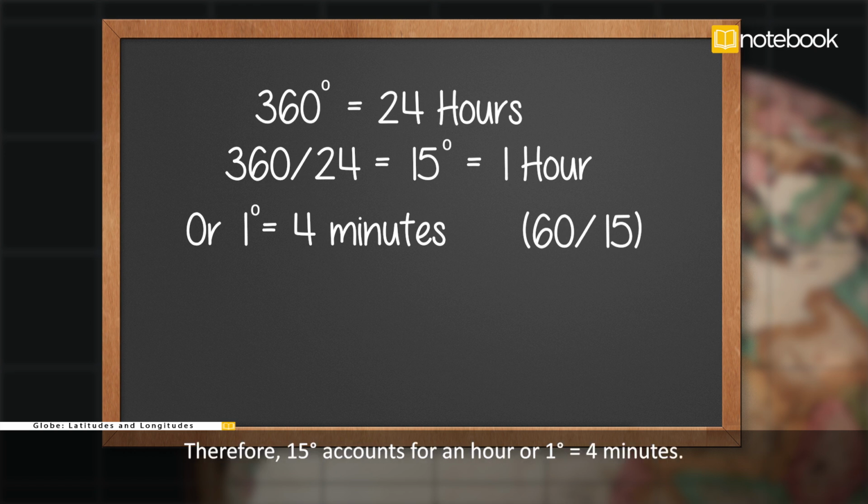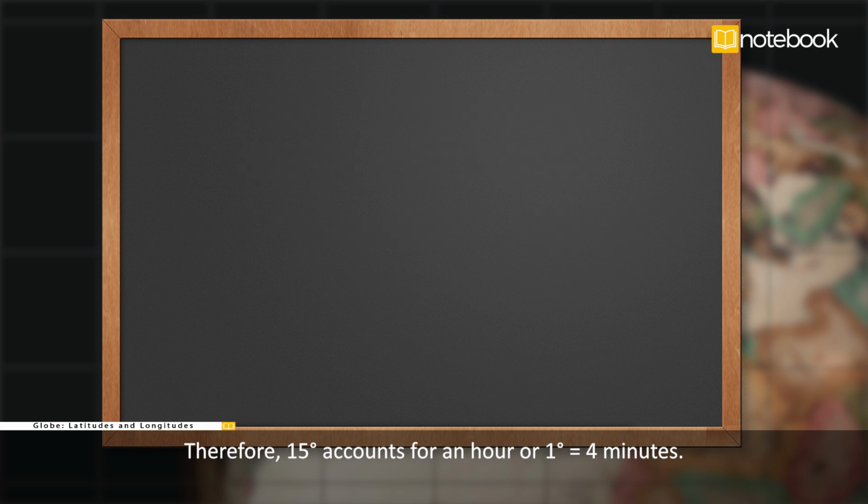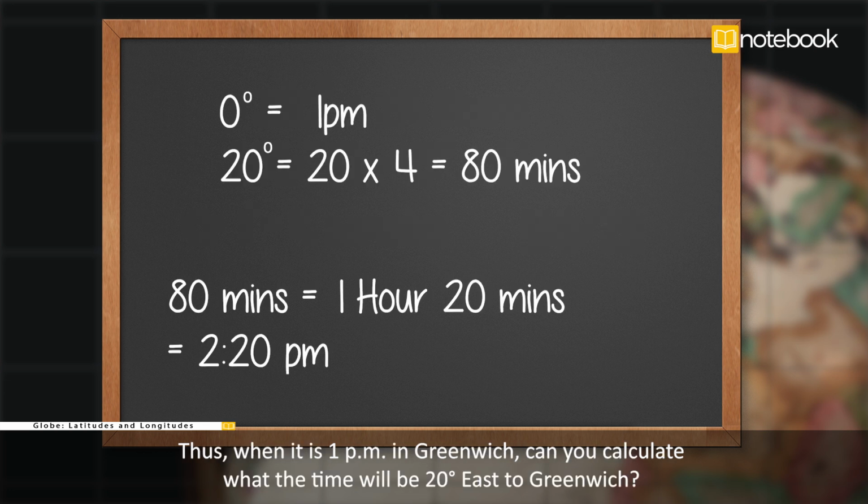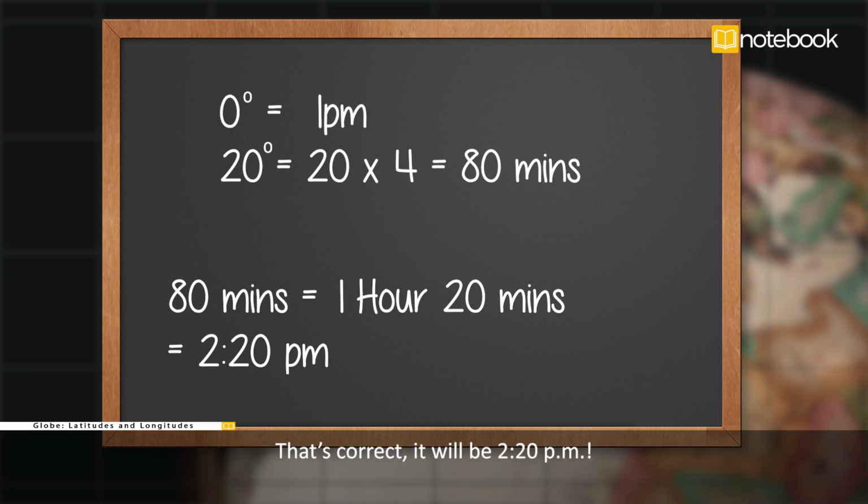Therefore, 15 degrees accounts for an hour, or 1 degree is equal to 4 minutes. Thus, when it is 1 p.m. in Greenwich, you can calculate what the time will be 20 degrees east to Greenwich. That's correct. It will be 2:20 p.m.